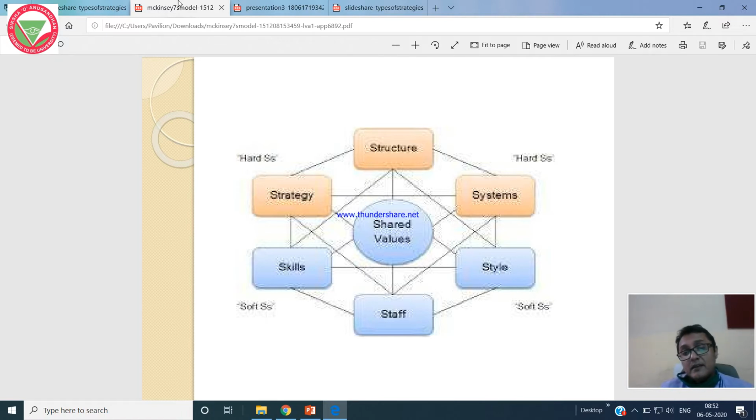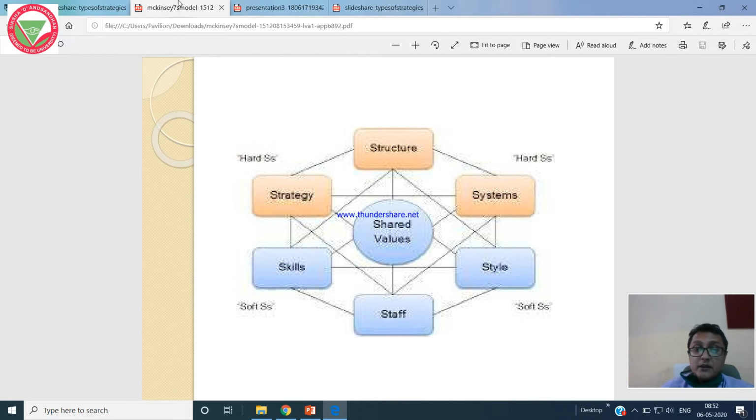So the first S stands for structure. Structure means the organizational structure of the company. Is it complicated? Is it complex? Is it multidimensional? Or is it simple, very easy to understand, and can it be displayed to the people easily?